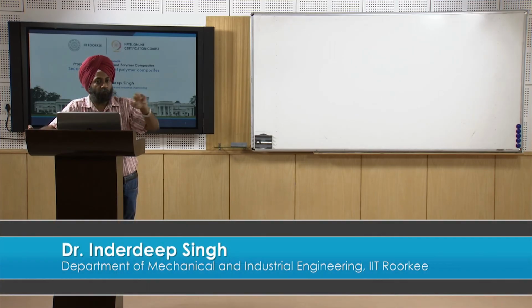The basic purpose of today's session was to introduce to you the basic concept of secondary processing, that we can make polymer or plastic parts, we can easily make polymer matrix composite parts, we know the processes that are used for processing of polymers and polymer matrix composites, but when we have to join these parts together, what are the processes that have been used?